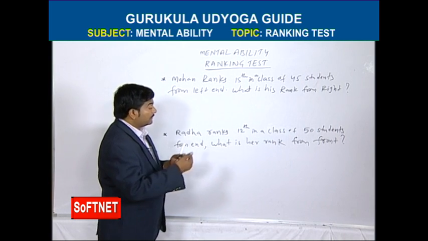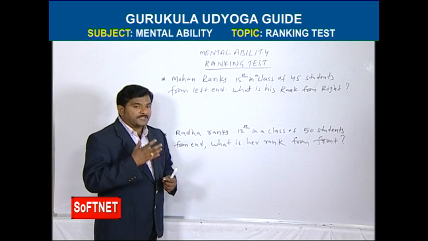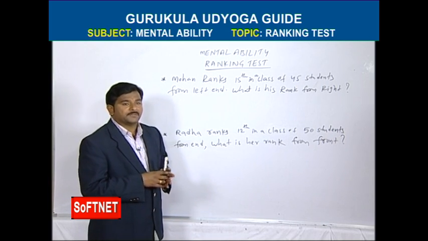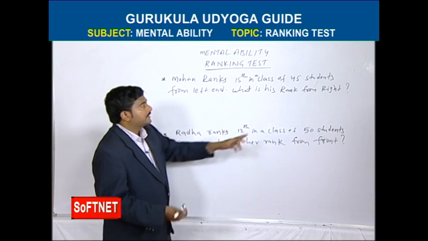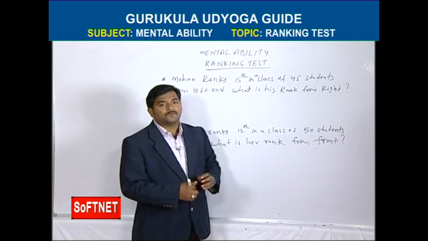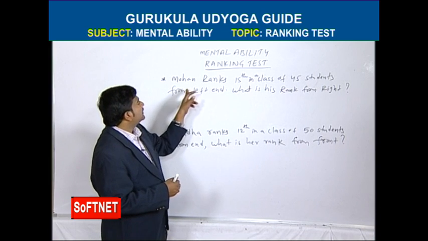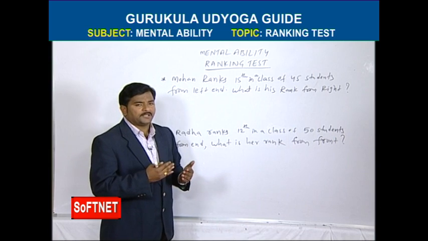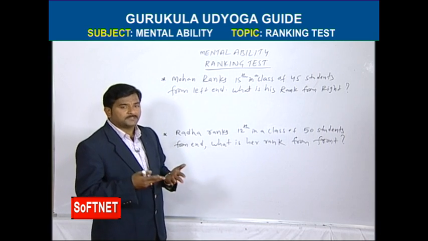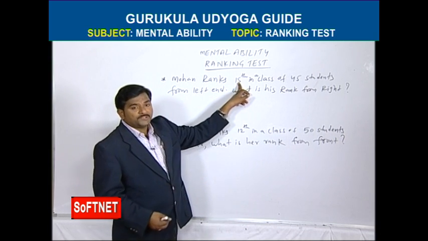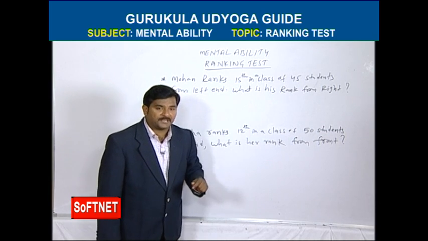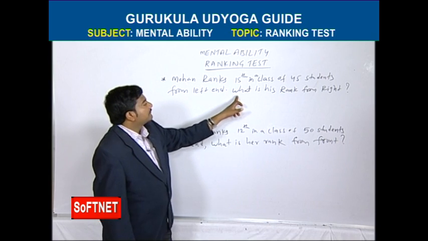Now you have to get the idea by using the formula. T is equal to n plus k minus 1. Total we know already: 45 objects are there. He ranks 15th in a class of 45 students from the left, so you can take n value as 15 and T value as 45. What is asked?